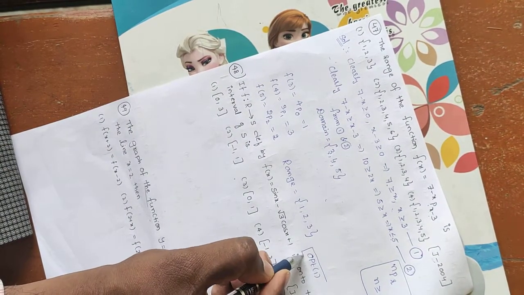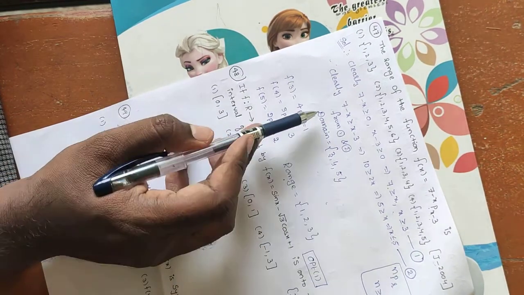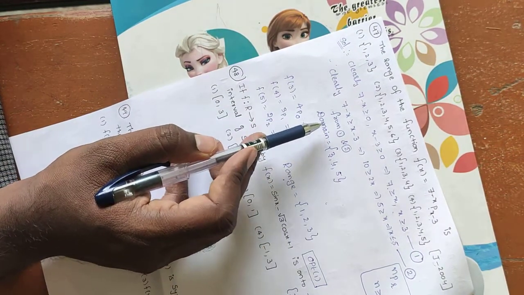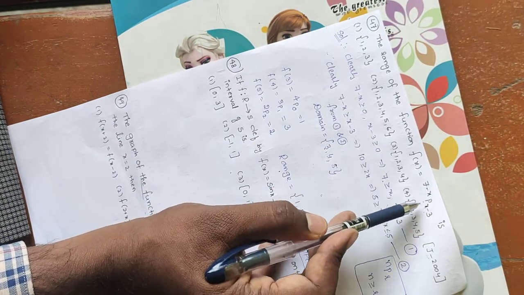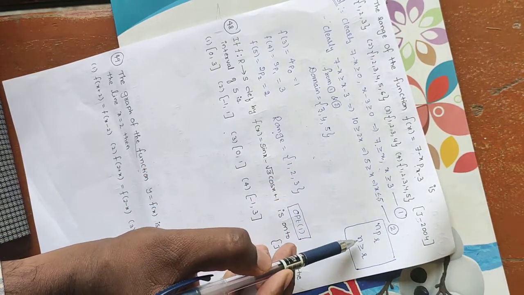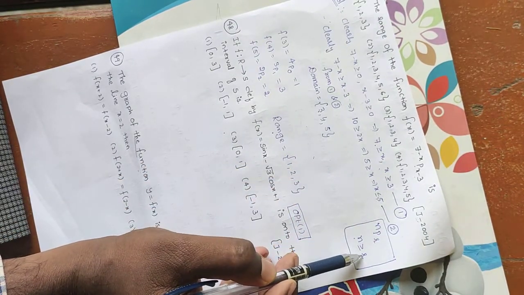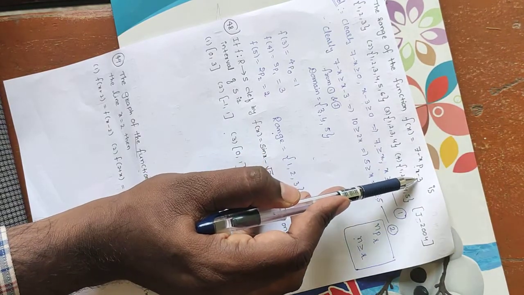is the correct answer. If you want to find the range, first we need to find the domain. According to the domain, this value is clearly greater than or equals to 0. This value is also greater than or equals to 0. We got one condition. In nPr, n value is always greater than or equals to r. That's why 7 minus x is greater than or equals to x minus 3.